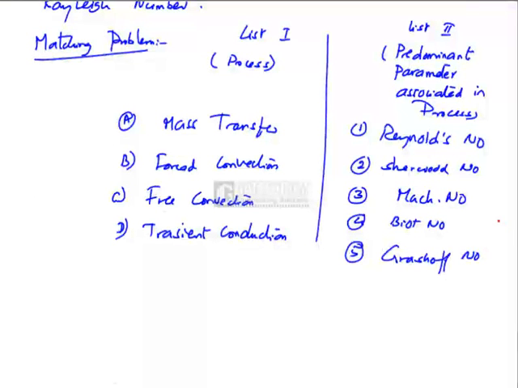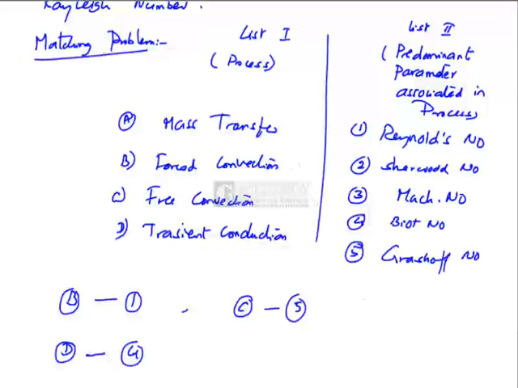How do you match the things? For forced convection, obviously the answer is, for B, the answer should be 1. For C, free convection should be Grashof number, 5. For D, transient conduction, the answer should be 4. Then what about mass transfer? For A, it should be Sherwood number.